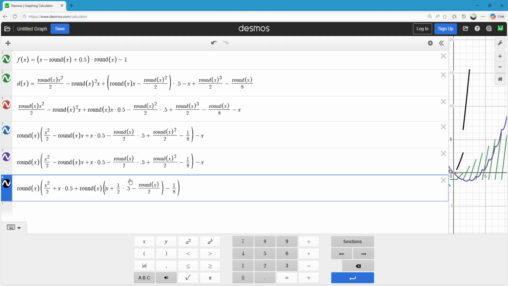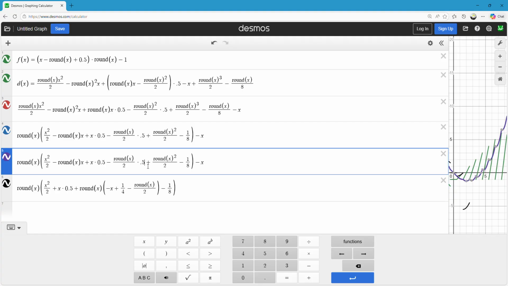Plus, minus that plus 1/2. Where did I get the 1? Oh yeah, from that. 0.5. This can just be 1/4, can it? There we go. I don't know why I had it on that crazy number.